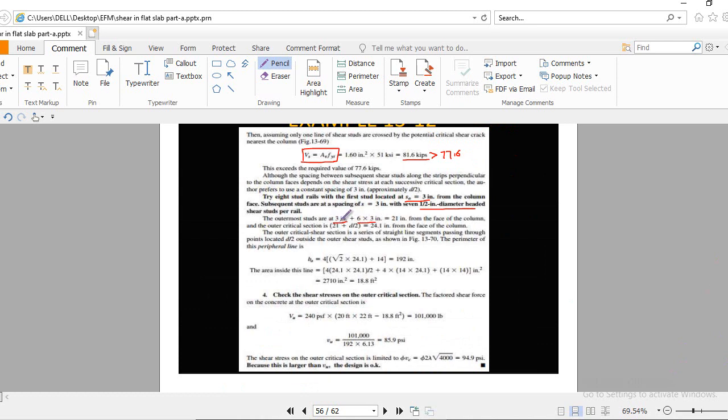That 3 is basically from the column face, s0, which is d by 2, 3 inch, and then to the outermost stud. And we got 21 inch from the face of the column. Now the outer critical section is 21 plus d/2. Remember, this 3 inch is basically s0, while now they're adding d by 2, so it gives us 24. This is s0, and now they add that outer distance.